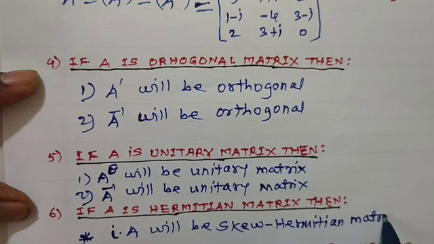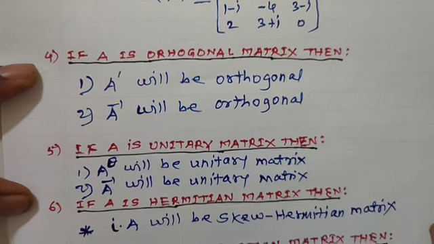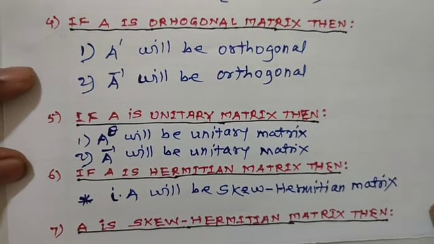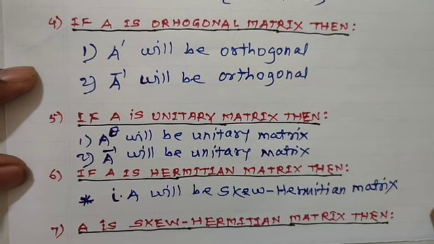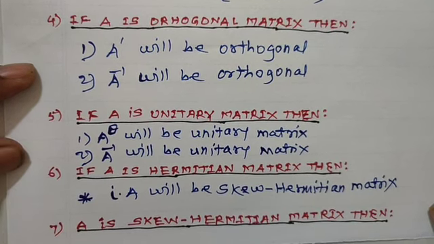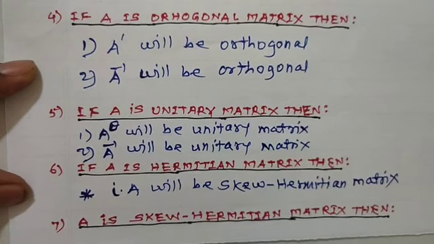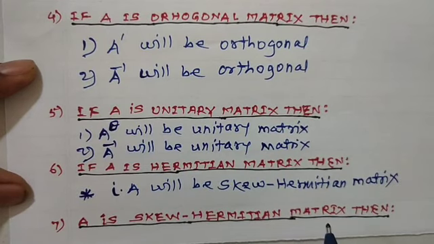If we multiply a Hermitian matrix by I, the imaginary unit, then that Hermitian matrix reduces to skew Hermitian form.